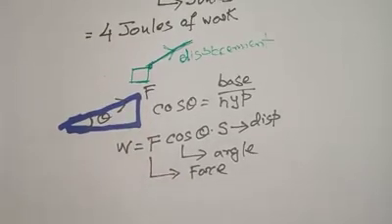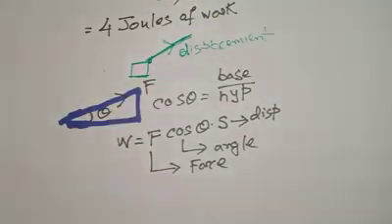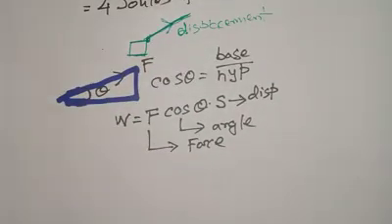It comes quite simple. We have an object, we are pulling it in this direction, and it is getting displaced in this direction. So it would be the force multiplied by cos theta, and then the displacement.